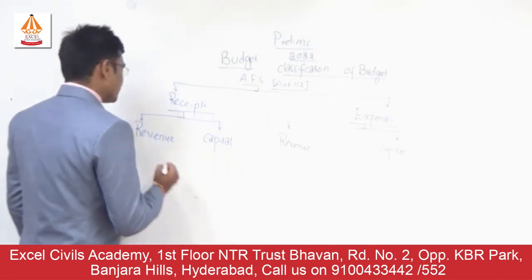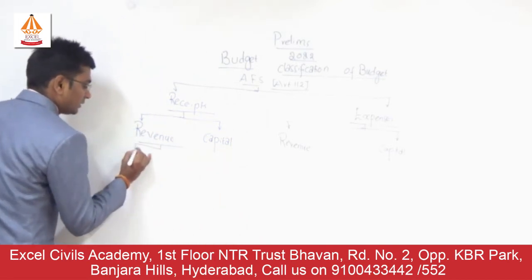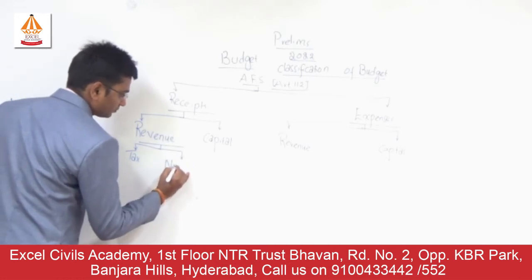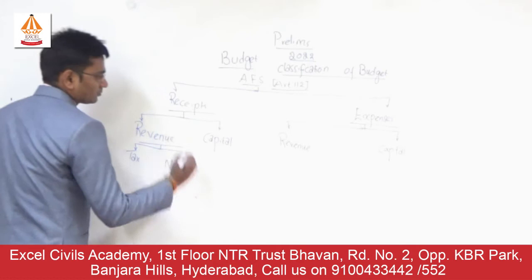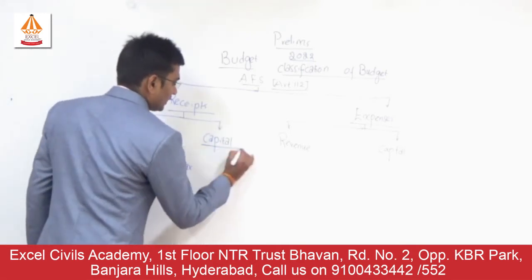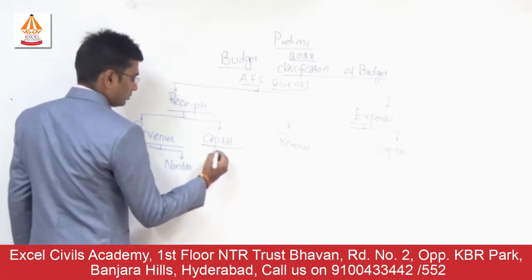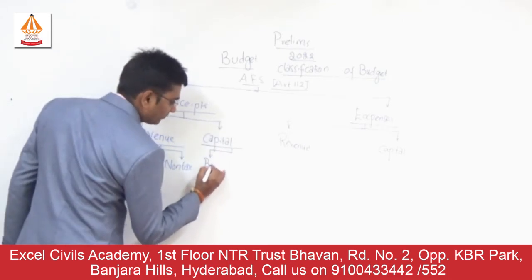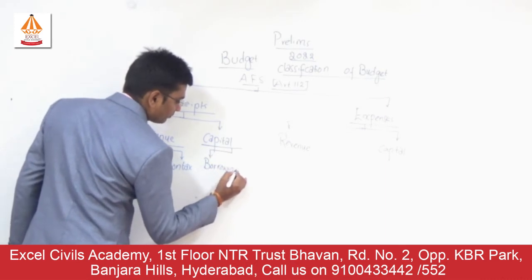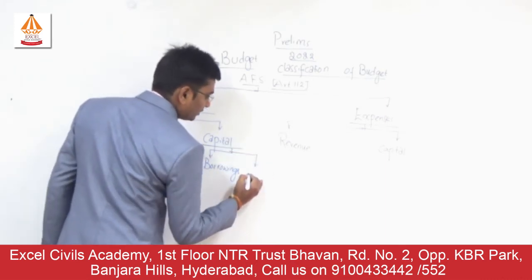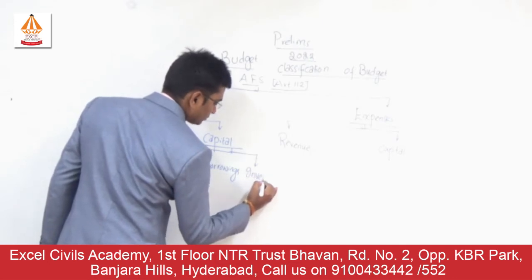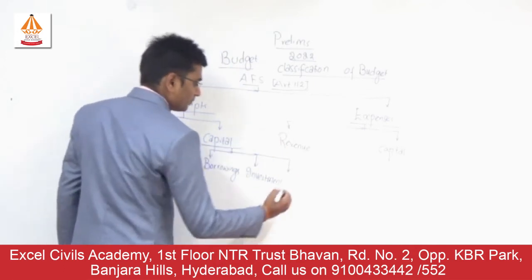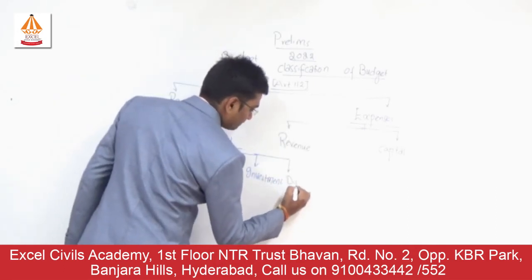Now revenue receipts are classified into two types, tax revenues and non-tax revenues. And on the capital side you have borrowings made by the government of India, foreign investments, and one more thing, disinvestment money.